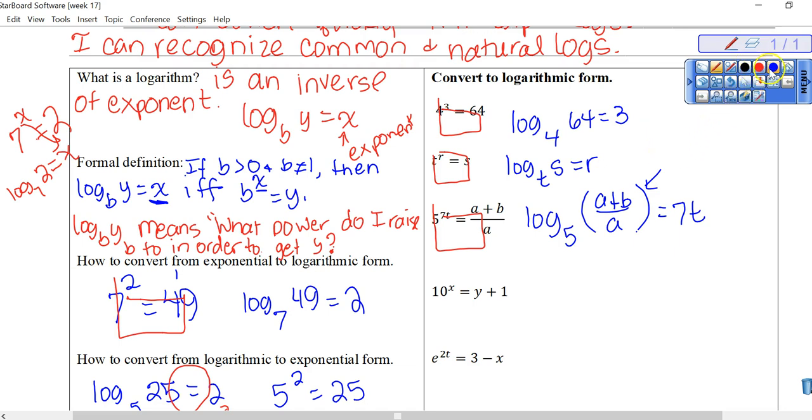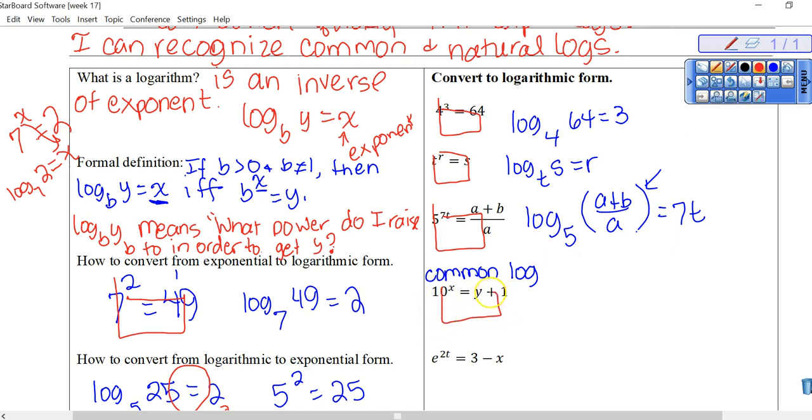Now this next one is base 10, not base t. Base 10 is what we consider when we convert it the common logarithm. And with the common logarithm, we don't actually put 10 in the basement. We don't put anything in the basement.